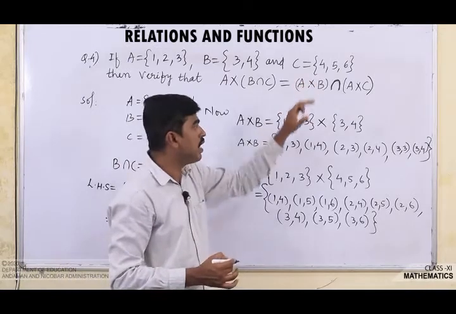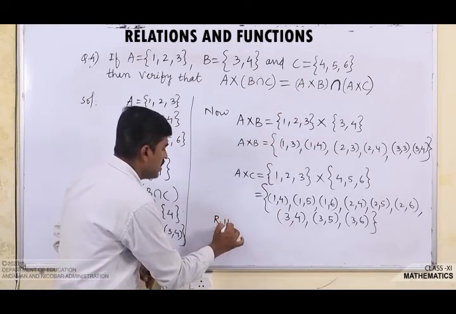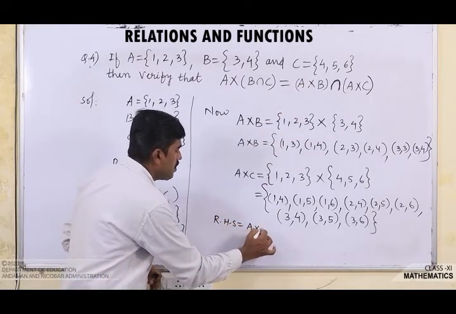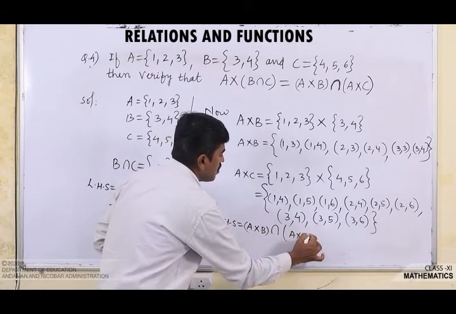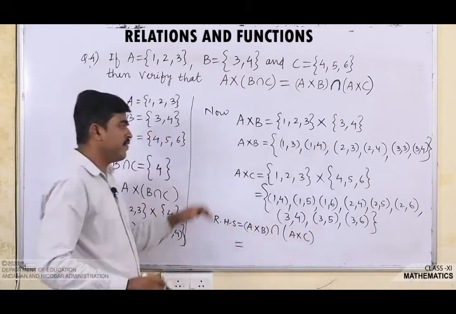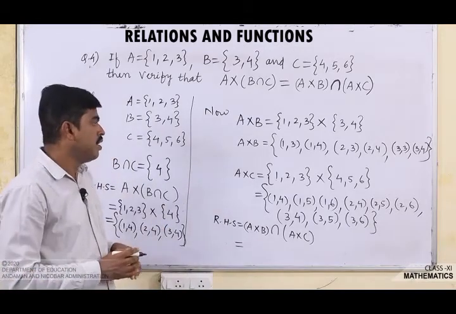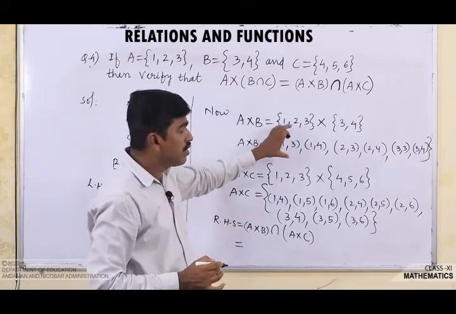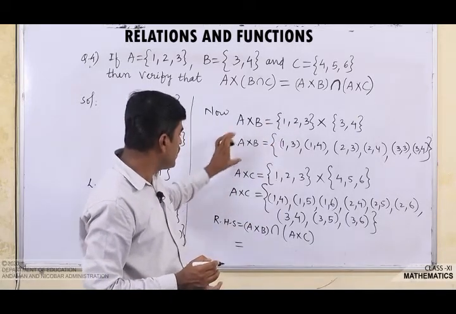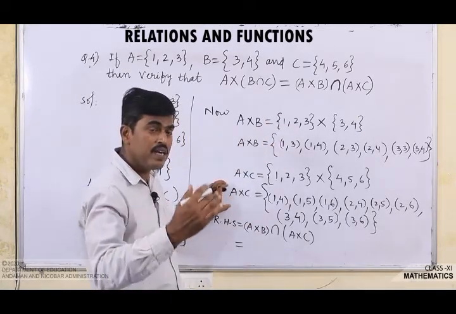Now come to the RHS. What is RHS? RHS is (A cross B) intersection (A cross C). Now what is the intersection of A cross B and A cross C? We have to see the common elements in A cross B and A cross C, that means the same ordered pairs.